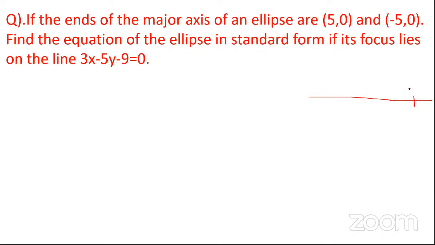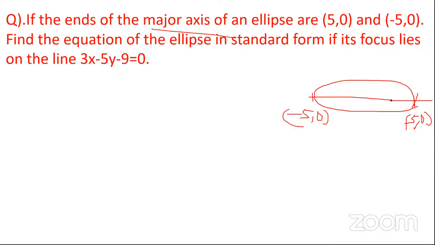If I take this as the ellipse, the two end points given are 5 comma 0 and minus 5 comma 0. This is the major axis, and the focus lies on the major axis, because it says this is the standard form. This is the focus. So which equation does the focus lie on? This line, 3x minus 5y minus 9 equals 0.